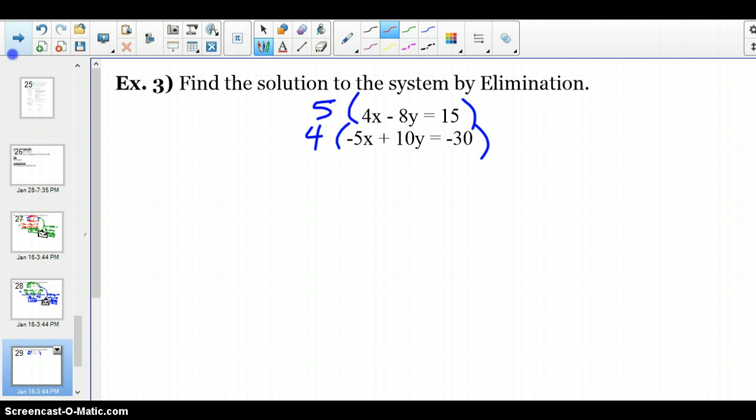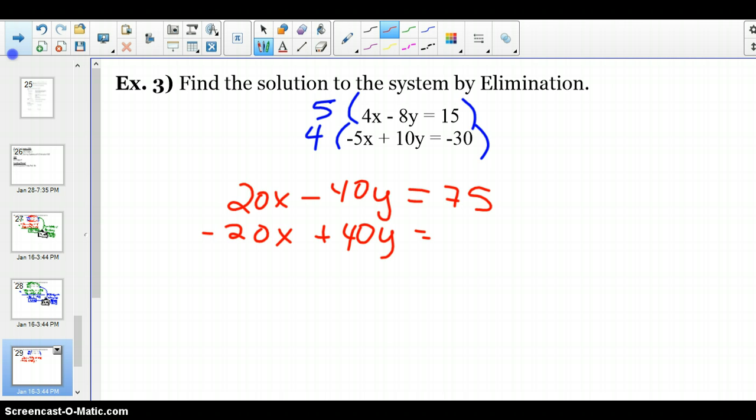All right, so the first equation here is going to be 20x minus 40y is equal to 75. Bottom equation is going to be negative 20x plus 40y is equal to negative 120.